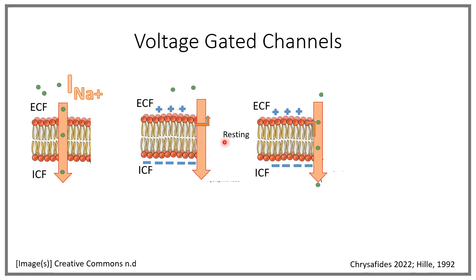And cells have a resting membrane potential. That is to say, when there's no electrical activity going on, cells are at near minus 80 millivolts. So the intracellular side is more negative than the extracellular side.